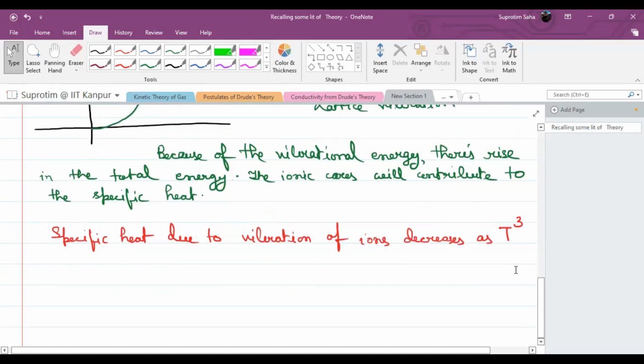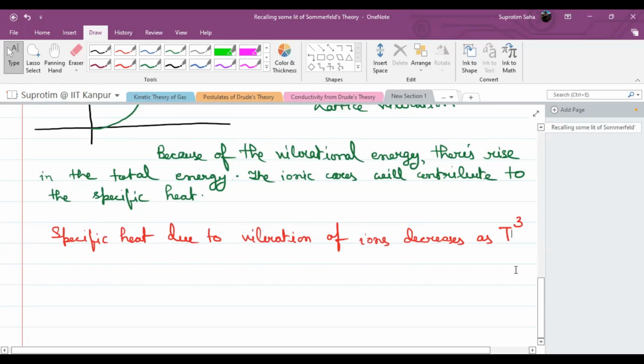So now what you expect is that as you go down to very low temperatures nearing the absolute zero of temperature, as this goes down as T cube, it will go even less than what you expect for a linear behavior. So it will go down much faster, and it will reach the absolute zero value. So this is the natural thinking process with the information that I have supplied to you till now.